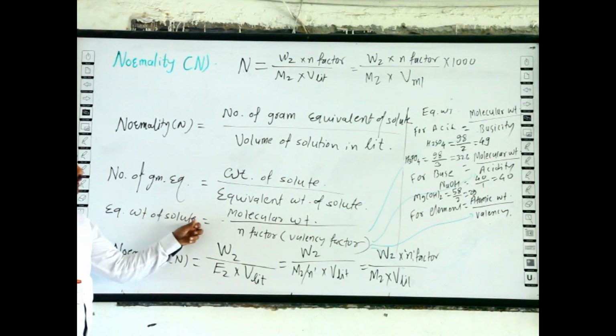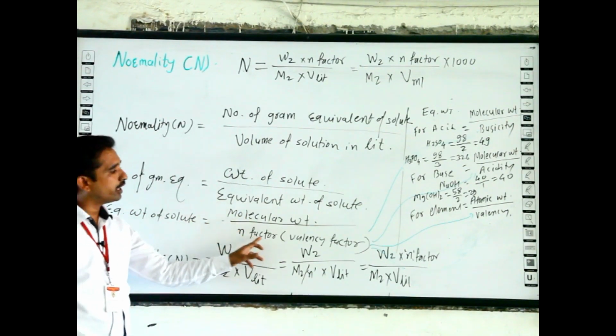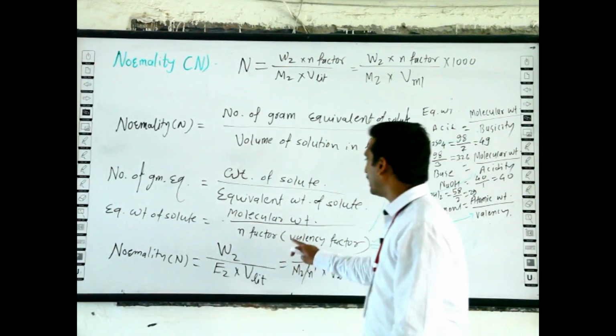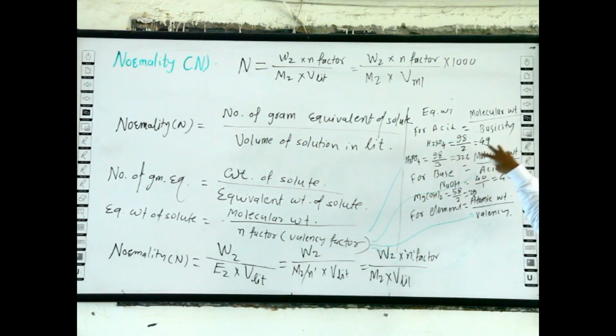Equivalent weight of solute is equal to molecular weight divided by N factor or valency factor, and this N factor or valency factor is different for different cases. For acid, the valency factor is the basicity. For base, the valency factor is acidity. For element, the valency factor is its valency. For salt, the valency factor is charge.